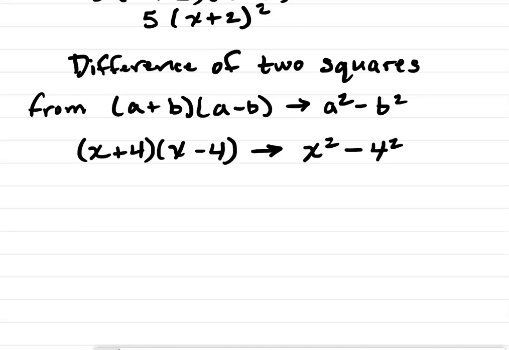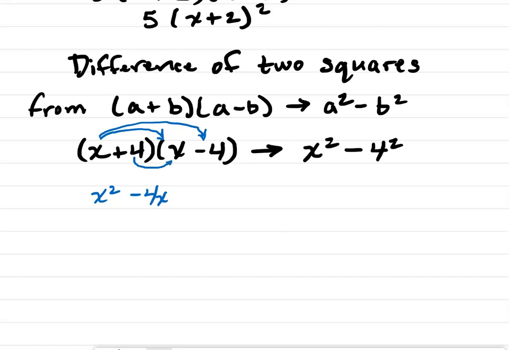But I'm going to show you why you end up with that. So if we do the FOIL method just like before, x times x is x squared. X times negative 4 is negative 4x.